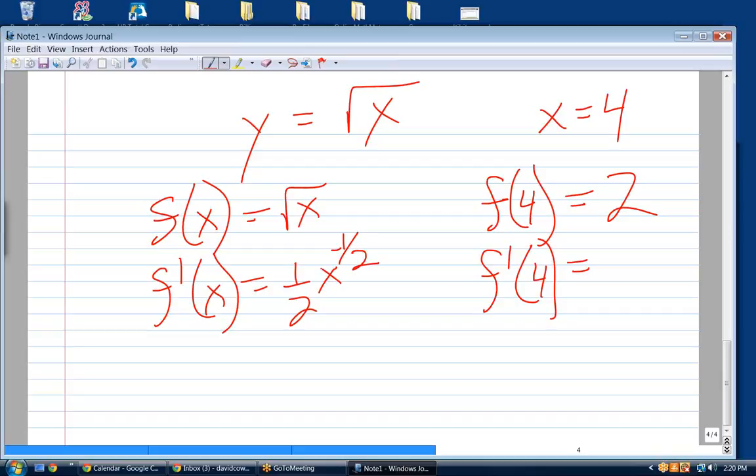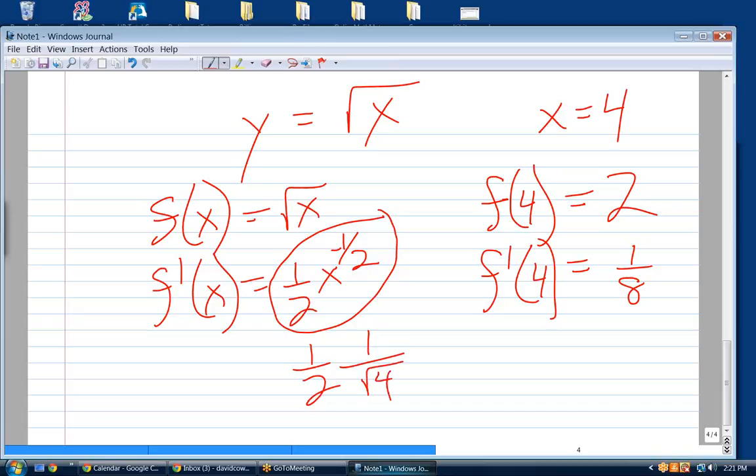We're going to substitute 4 into this function right here. It would be 1/2 times 1 over the square root of 4. Excuse me, it's going to be 1/4, not 1/8.